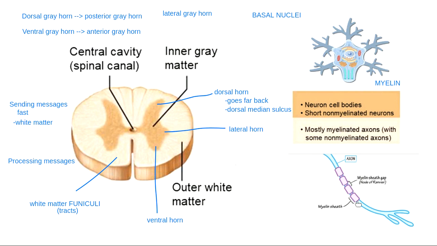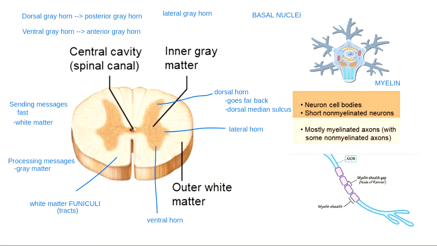So when you think about the spinal cord, all of these places here on the outside, where I have those things that in lab we call funiculi, and that in lecture we're calling tracts, the job of tracts, or the job of funiculi, is to send messages really fast, because the part of the neuron that I have there are my myelinated axons.